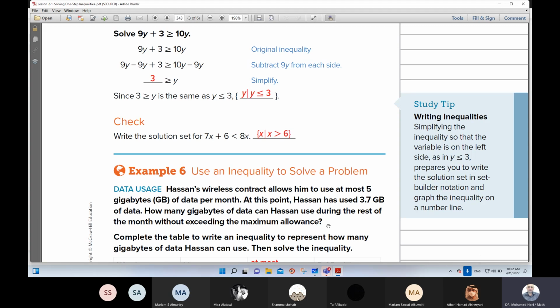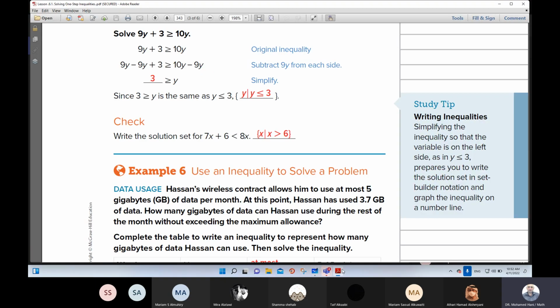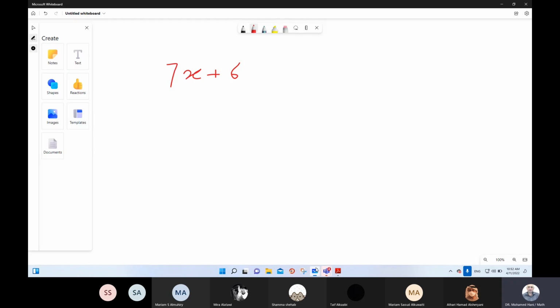we have 7x plus 6 less than 8x. To solve this inequality, we can keep this variable here alone, and we can remove 7x from this side.